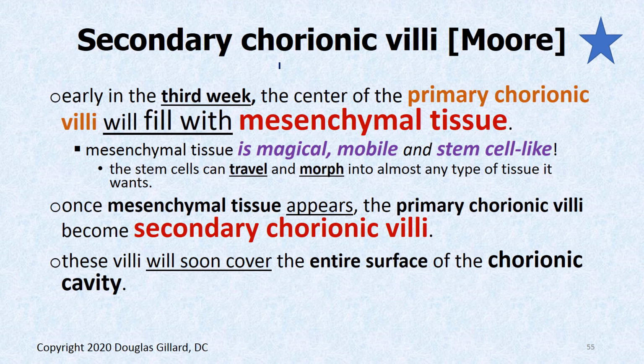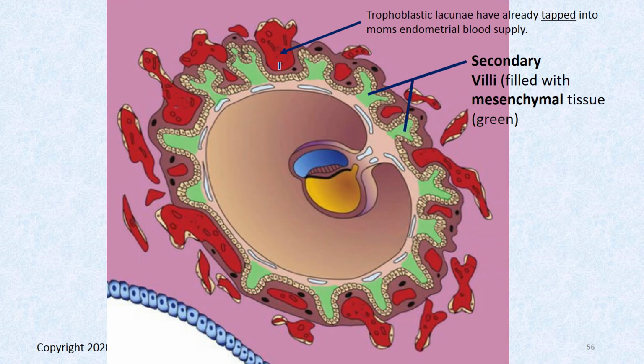This mesenchymal tissue is very close to stem cells. It knows what it's going to make, though. You can't use it to make a liver or eye or anything else. But nevertheless, it's mesenchymal tissue. So once that mesenchymal tissue shows up, we get a name change, and the primary chorionic villus, or villi plural, becomes the secondary chorionic villus, or villi.